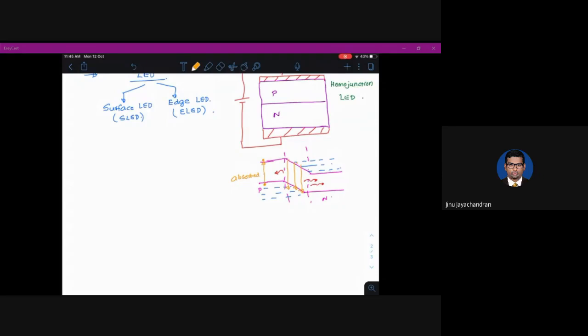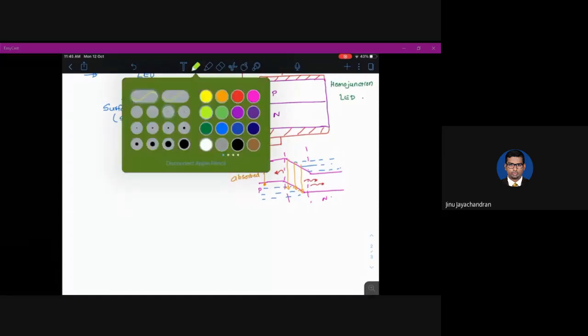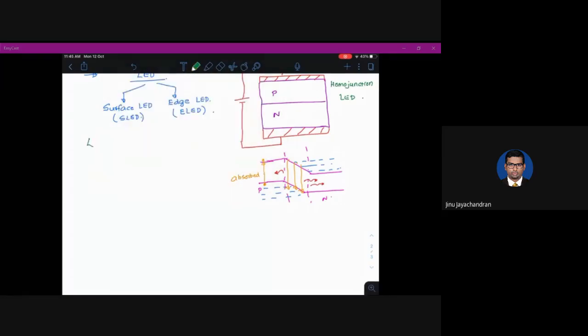So there is no light output from the semiconductor to the outside user because it is getting absorbed by the PN junction itself. So we are talking about the losses, and the first loss is because of reabsorption.